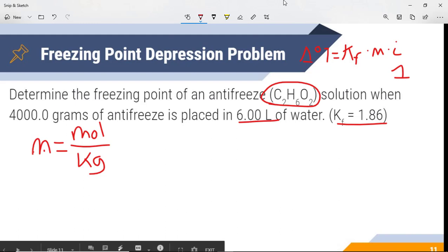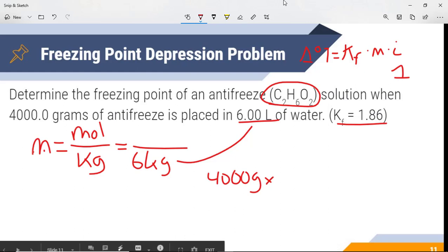Well, we know that 1 gram is 1 milliliter, so if we have 6,000 milliliters, we have 6 kilograms. Moles: I've got 4,000 grams of antifreeze, and we just need to convert that to moles.